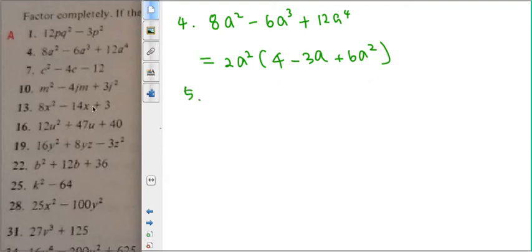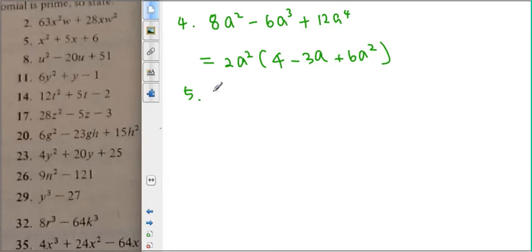Number 5. x squared plus 5x plus 6. This one should be quite easy for us, because these are the things that we've been doing all along since Algebra 1. So 3 and 2 are the factors here, so we have x plus 2 times x plus 3.